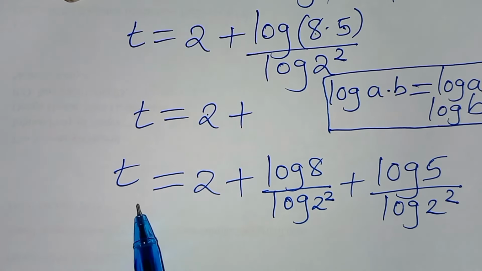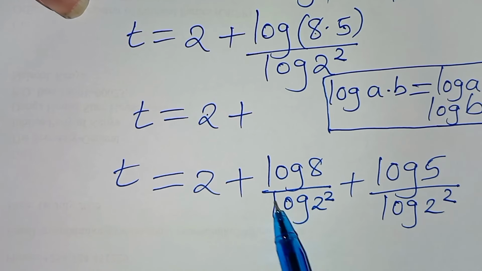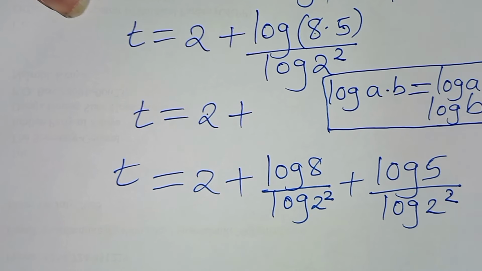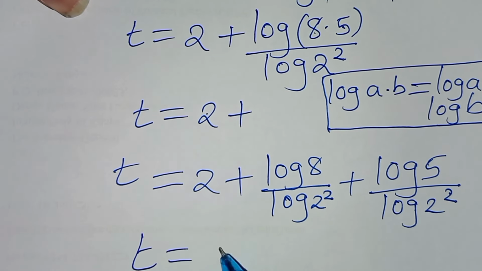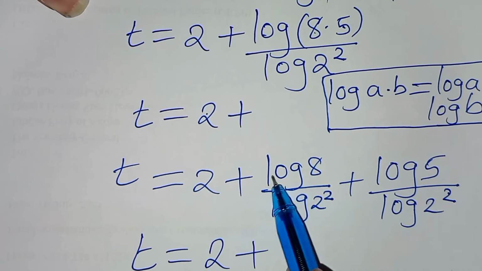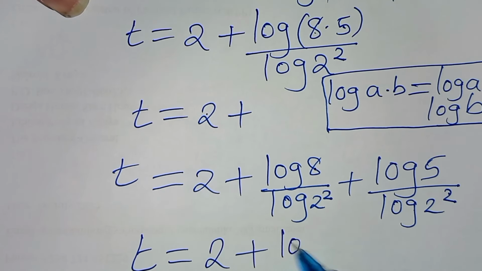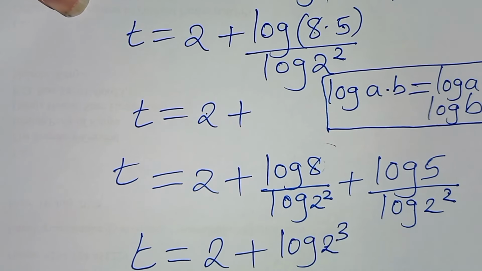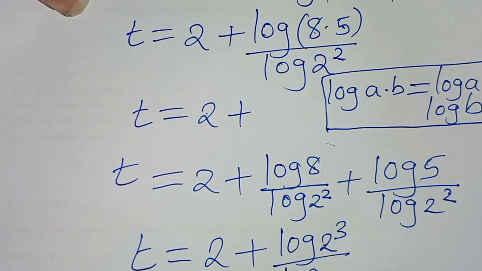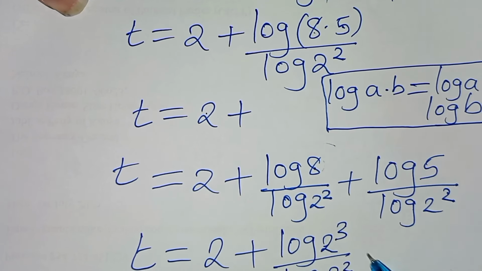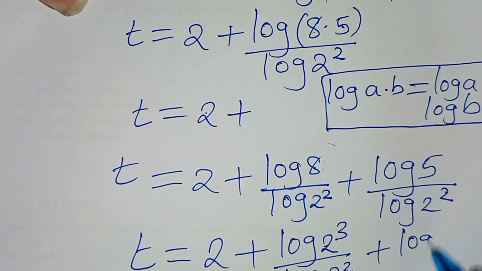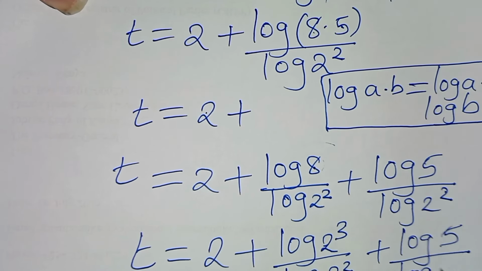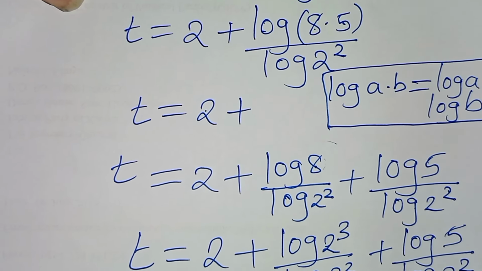Now we have t equal to 2 plus log 8 divided by log 2 squared plus log 5 divided by log 2 squared. Now this means log 8 can be expressed as log 2 to power 3, since 2 to power 3 is the same thing as 8, divided by log 2 to power 2, plus log 5 divided by log 2 to power 2.